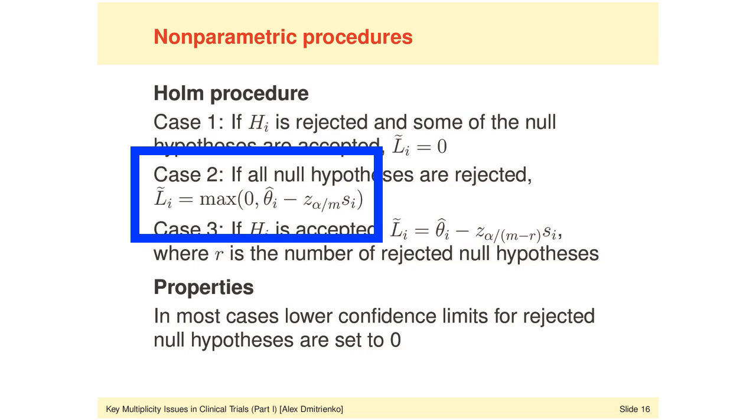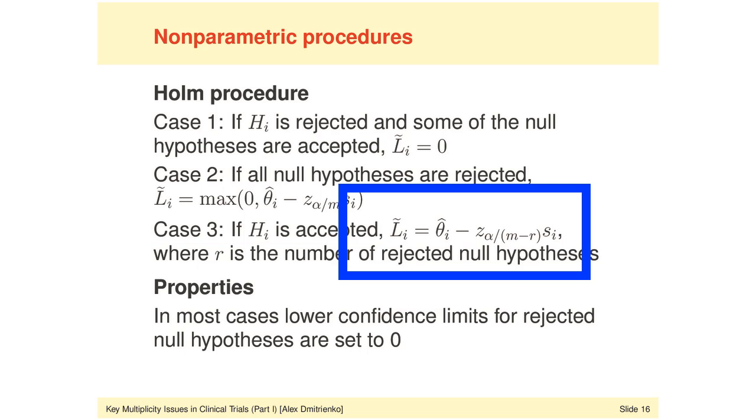In the second case, we assume that all null hypotheses in this multiplicity problem are rejected, including the current hypothesis denoted by Hi, in which case the lower confidence limit for theta i is defined as the larger of 0 and this formula, and this formula essentially defines the lower limit for the Bonferroni procedure.